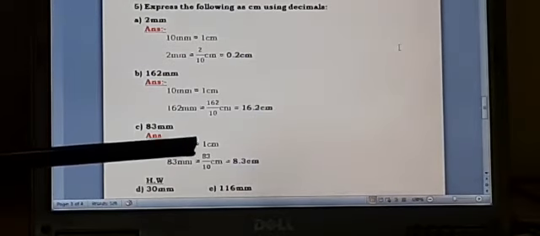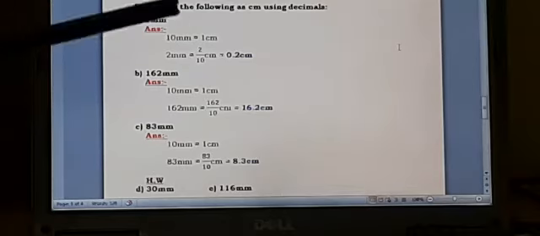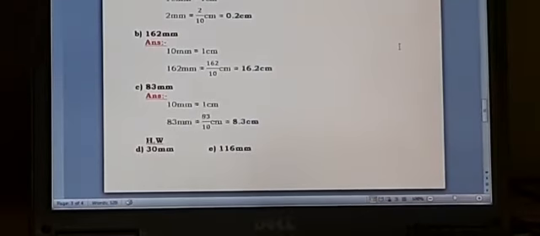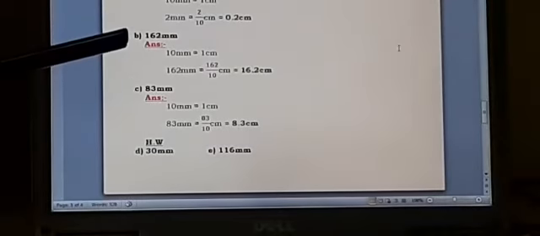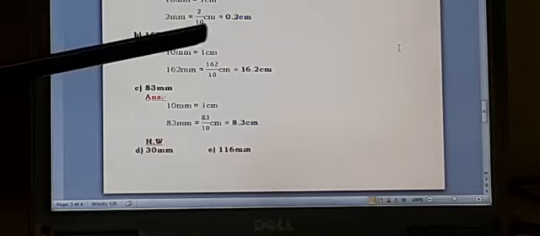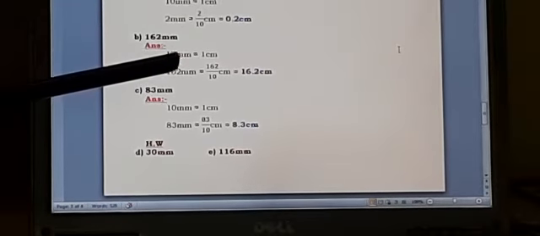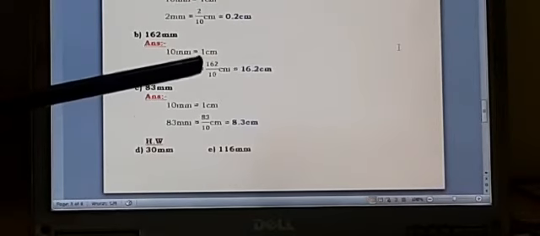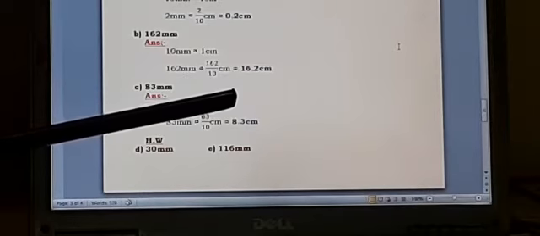So like this, we have to follow for the next two answers also. Next question, 162 millimeter. Here also the same thing: we use 10 millimeter equals 1 centimeter. So 162 millimeter equals 162 by 10 centimeter.